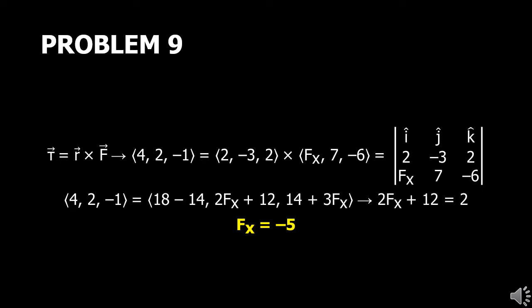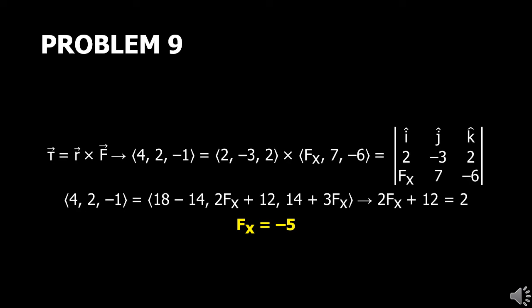So, ngayon, for the j coordinate, so we have 2. So, i-cross naman natin ngayon is yung i and k rows or columns. Ay, sorry, baliktad pala.